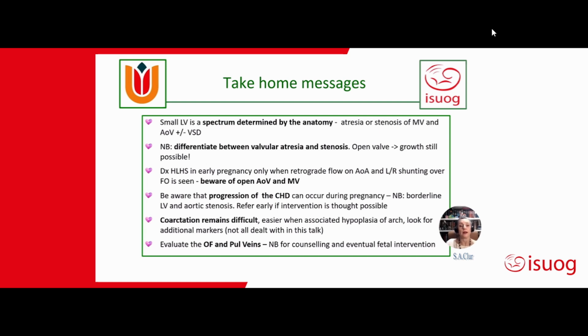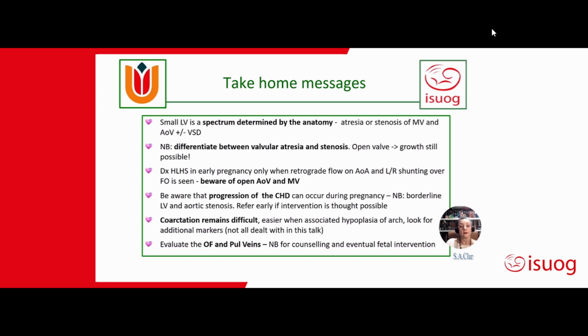One can diagnose hypoplastic left heart syndrome in early pregnancy when we have retrograde flow in the aortic arch, left to right shunting over the foramen ovale in the presence of a small left ventricle. Beware of the open aortic and mitral valves in the young pregnancies.